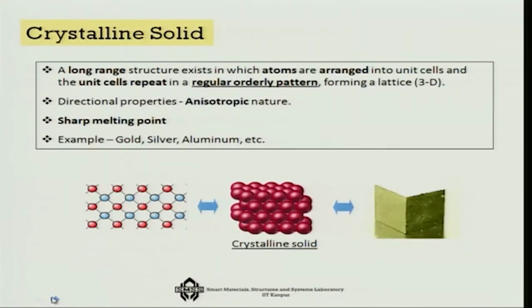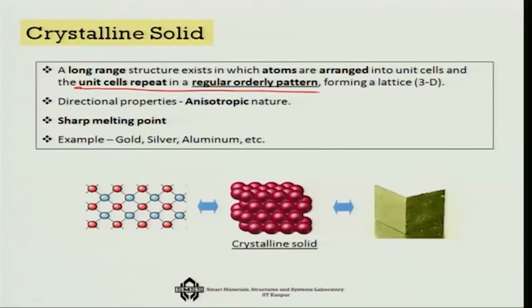Now, the formal definition. How do we call a solid crystalline? If you get a long range structure, so that the atoms are arranged into unit cells, and the unit cells repeat in a regular orderly pattern forming a three dimensional lattice, then it is a crystalline solid. Naturally, if they are arranged in a regular pattern, then they will have directional properties, that is, they will be anisotropic in nature.